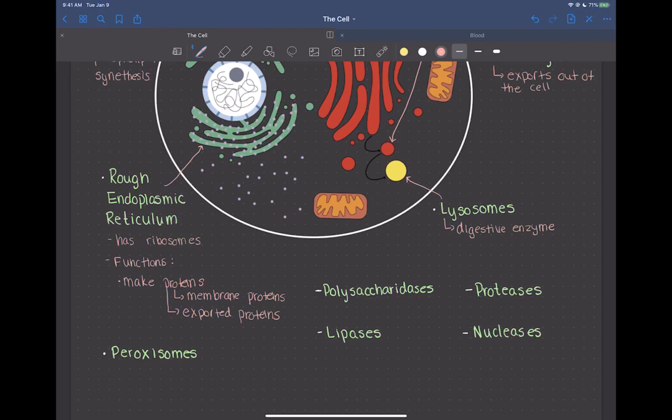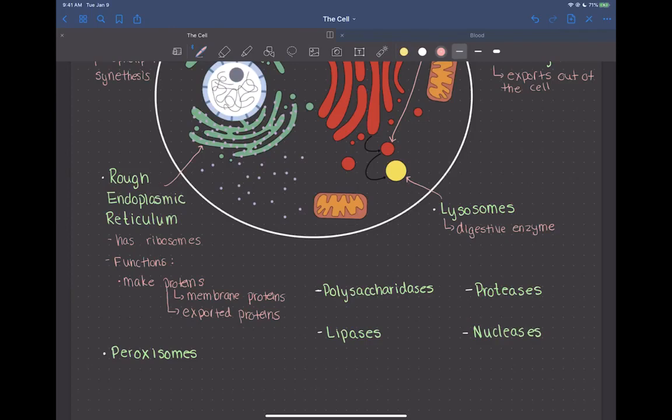The contents of that lysosome could be very dangerous to the cell if they somehow escaped. If this lysosome somehow burst and let out its contents, those contents could potentially harm the inside of the cell, start digesting other organelles and things like that. And there are two things that help to protect against that.